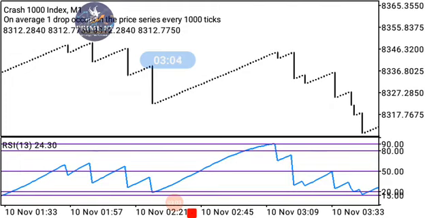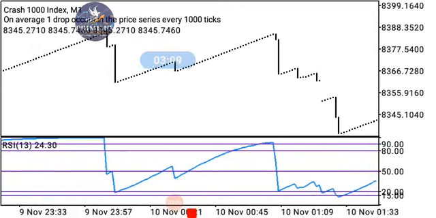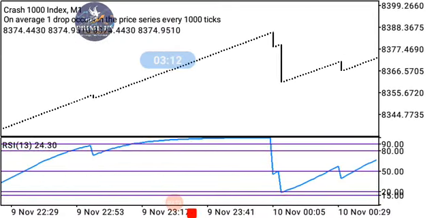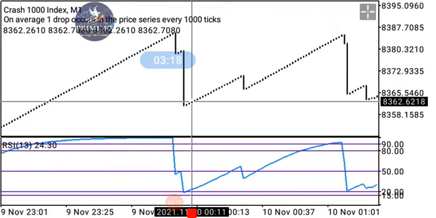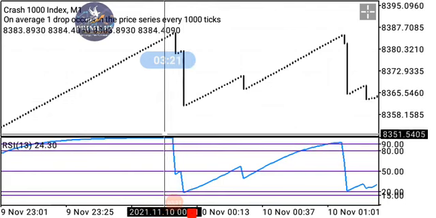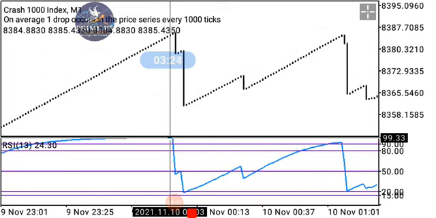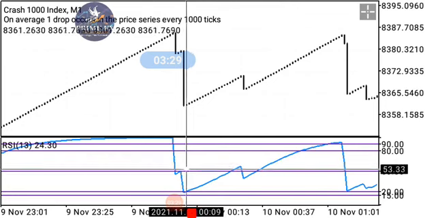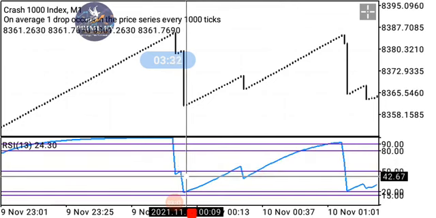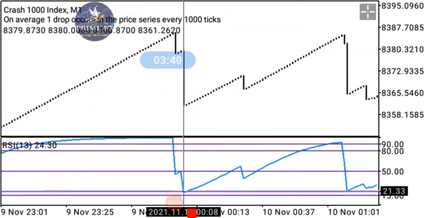Okay, this is my RSI and this is how the strategy will work. Let me go back a little so that we can all see it with our eyes. Okay, let us start from here. We are on the crash market now, and this is how this strategy works. Once the RSI line touches the 20 or penetrates into this 15 level RSI, for the crash, we're gonna buy it.